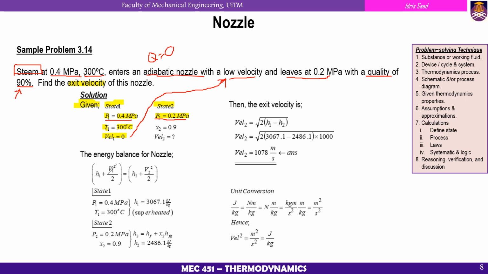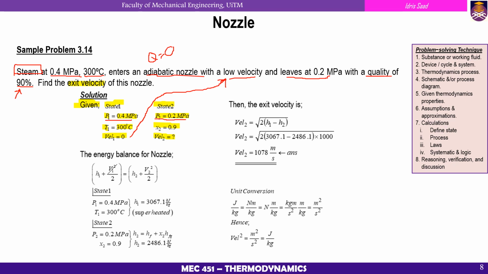This is what we call, according to the definition of the nozzle, increasing the velocity by reducing the pressure. Next, for state number 2, x2 is equal to 0.9, and we are asked to determine the exit velocity.